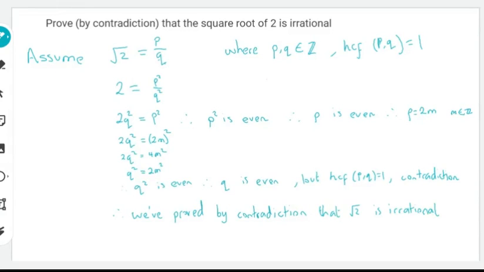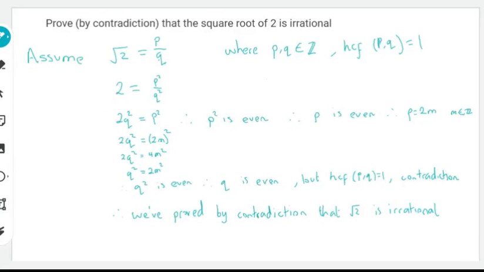So, how do you feel about that? Good. I really do understand it. That's good. Now that you've got a template for the square root of 2, can you prove by contradiction that the square root of 3 is irrational?